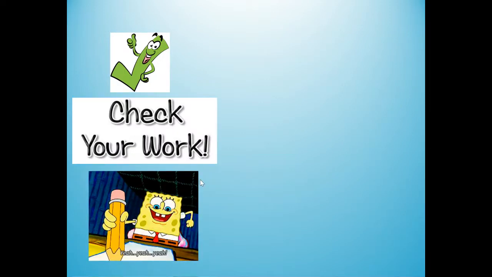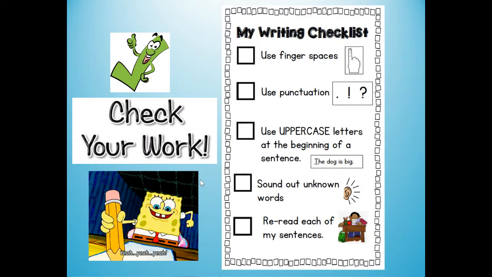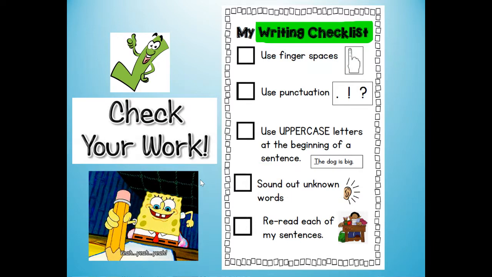All right. So now you're going to check your work. You're going to look at your sentences using this writing checklist. I want you to look at the sentences you wrote about Bear and look at the sentences you wrote to describe Brown Squirrel. Did you use finger spaces between your words?